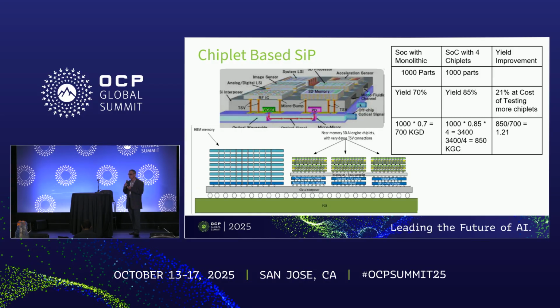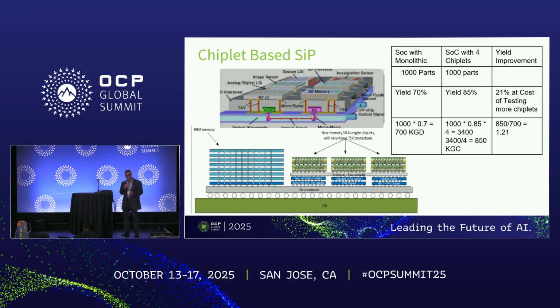What is not reflected here is that we get the 20% at the cost of increased test, because now instead of having one SoC to be tested, we have 4 chiplets to be tested. So you increase the test time. However, the economic justification is that the test cost for testing 4 chiplets, since they are smaller, will be accounted for in the increased advantage of 20% yield.